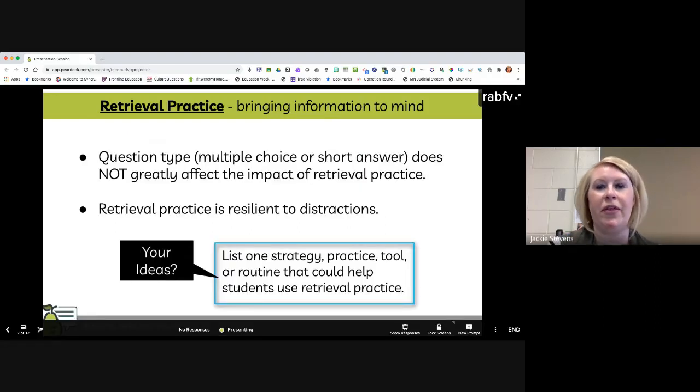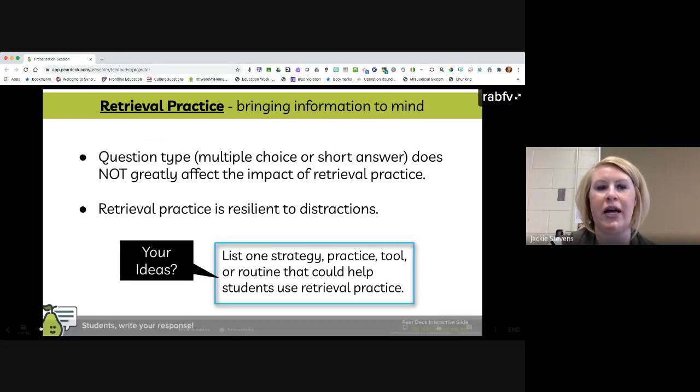Some of the things that the retrieval practice studies have shown is that question types themselves do not greatly affect the impact of retrieval practice. You might think that multiple choice questions are not as great for assessing knowledge, and I think we do think that a lot of times, but when it comes to retrieval practice, it doesn't actually matter as long as they're having to try to remember the information without looking.